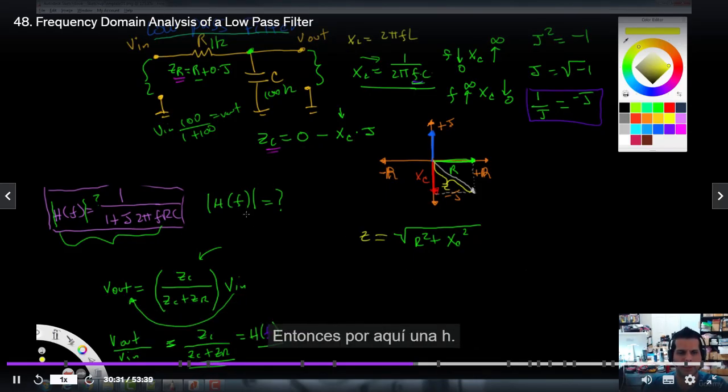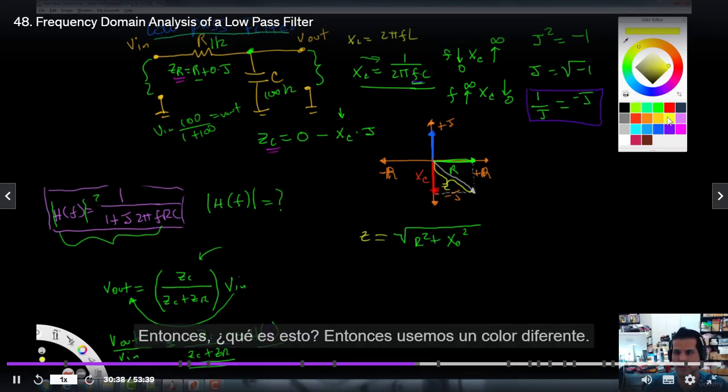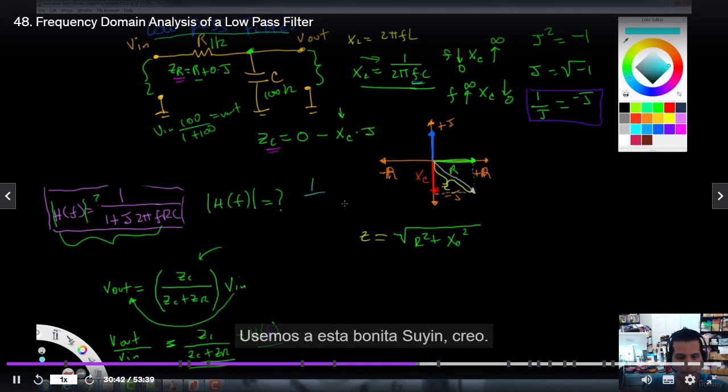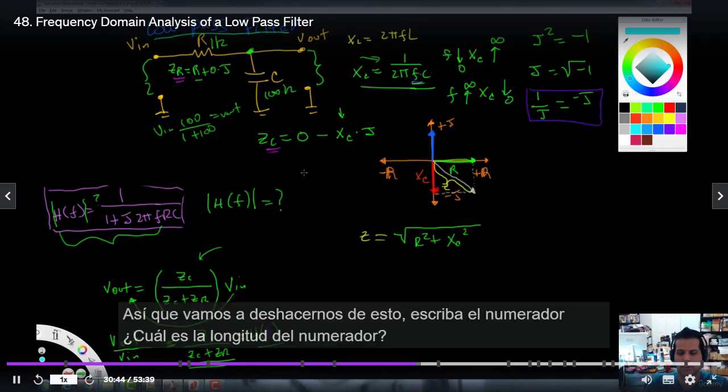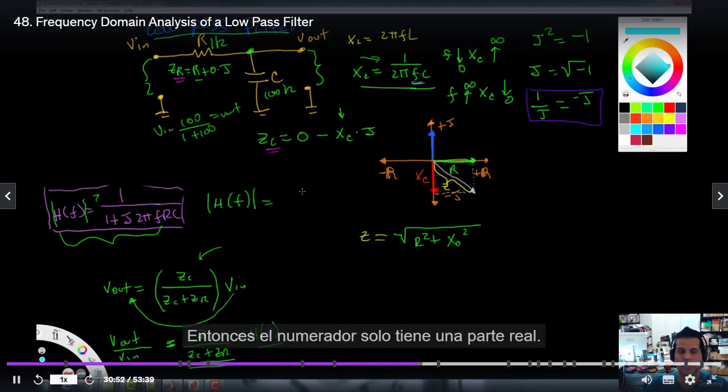So over here in h sub f, how do we figure this out? It is exactly the same. Let's use this pretty cyan color. The numerator only has a real part, so it's 1 squared, square root, which is 1.